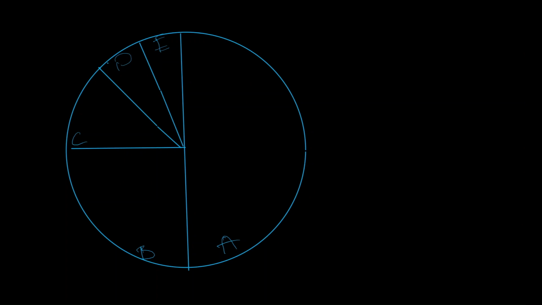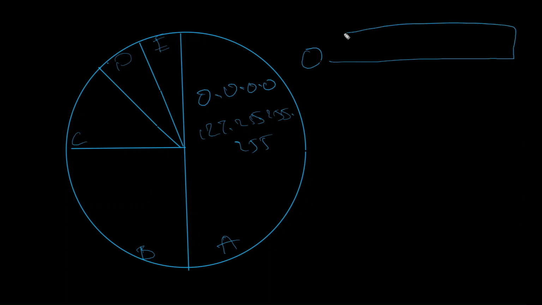So the class A range is from 0.0.0.0 to 127.255.255.255. So the first bit is fixed and all the remaining bits we can change. So if you fix the first bit and change all the remaining bits, you will get this range.